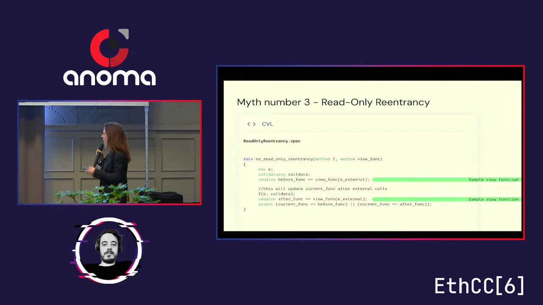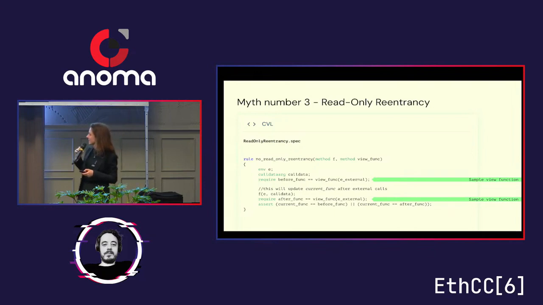We actually implemented it in our own version of the Curve protocol, and of course, this rule found the vulnerability. The most interesting thing is that, first of all, as you can see here, we are testing all the external functions that we have in the contract and all the view functions.